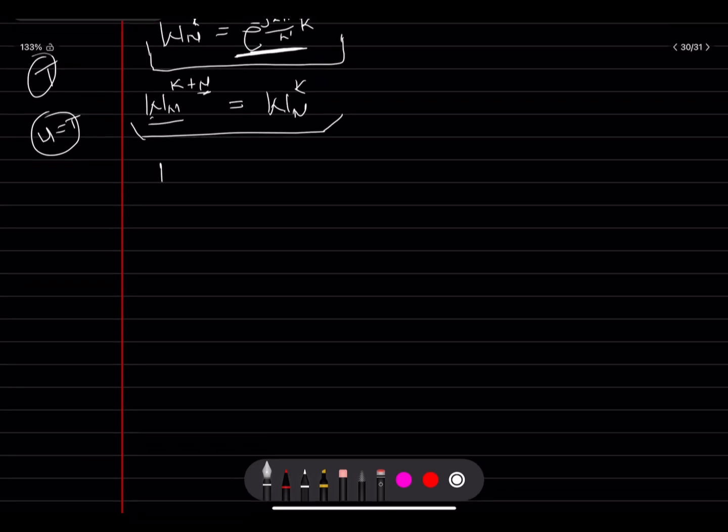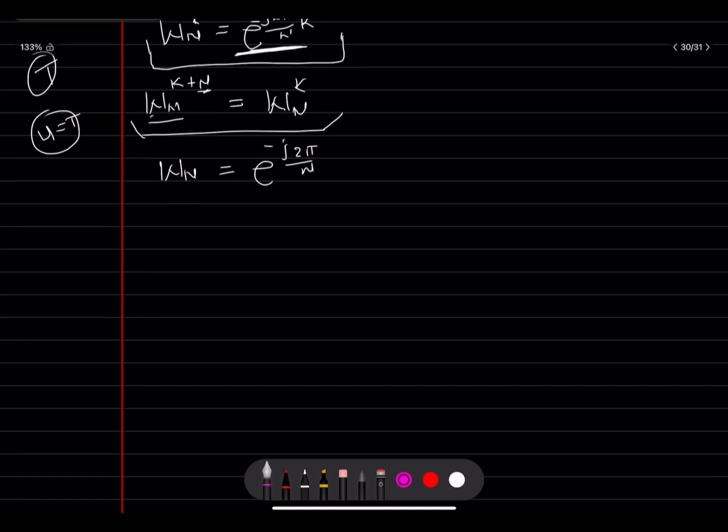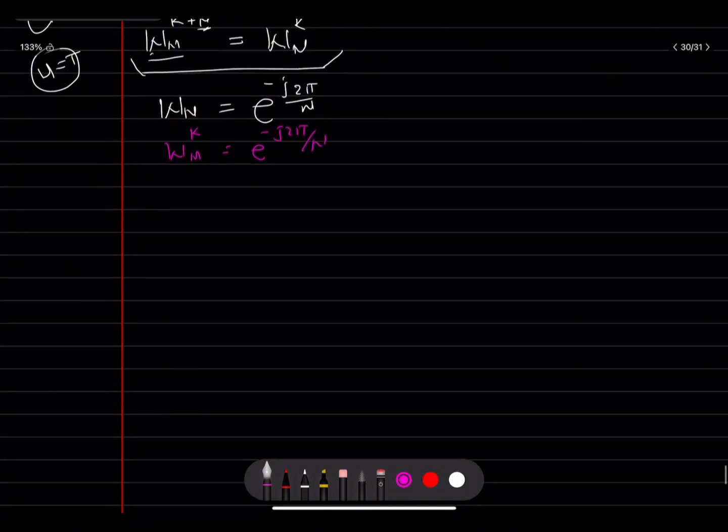We know that omega N is equal to exponent negative j 2 pi over N from our previous tutorial. Therefore omega N^k is equal to exponent negative j 2 pi over N, and then multiplied by k.